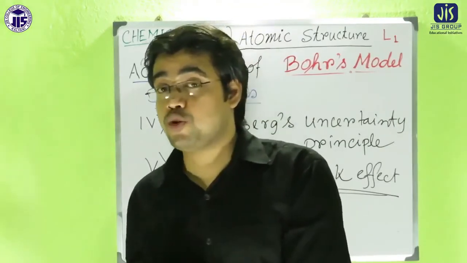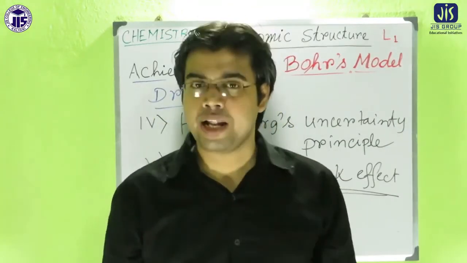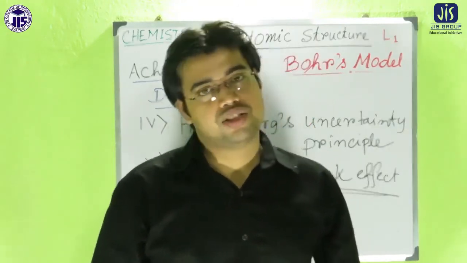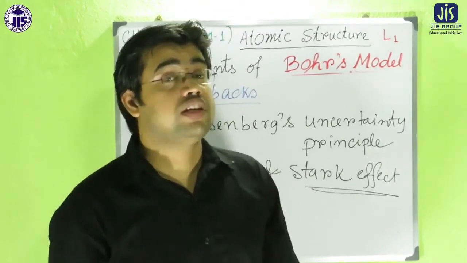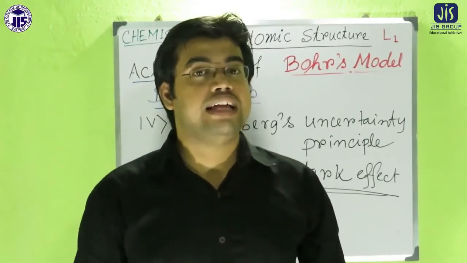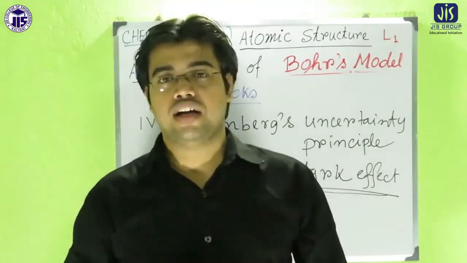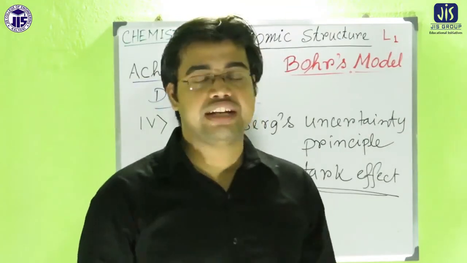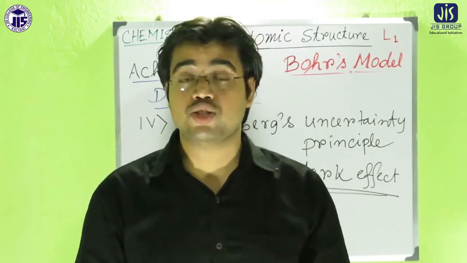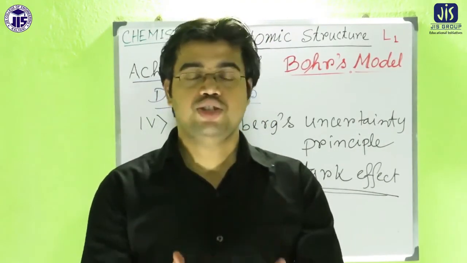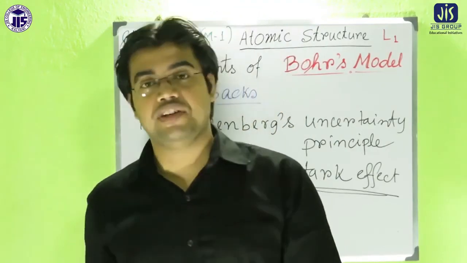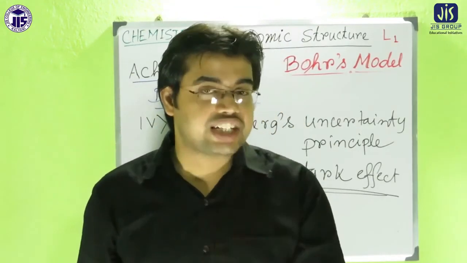We discussed the postulates of the Bohr model, some achievements of the Bohr model, and some drawbacks too. There are also some parameters, like spectral parameters such as wavelength and frequency, and also the radius of the Bohr orbit and the energy of the electron in a particular orbit. The dimensions of all the parameters we will discuss in the next class.